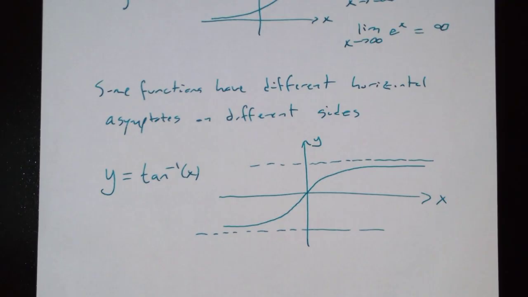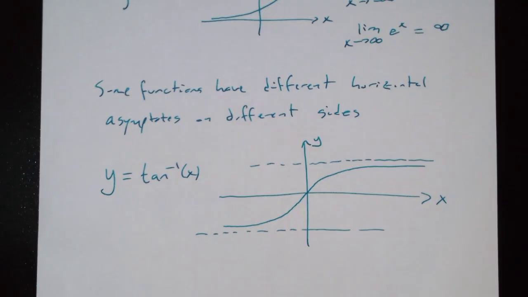Tangent is sine over cosine, right? You're not allowed to divide by 0. Where is cosine equal to 0? Which angle gives me cosine equal to 0? Up here.